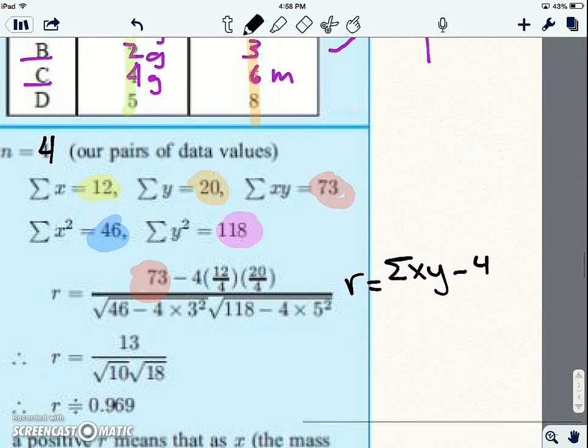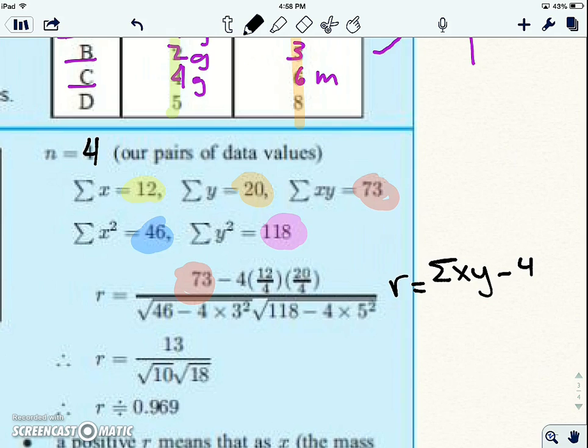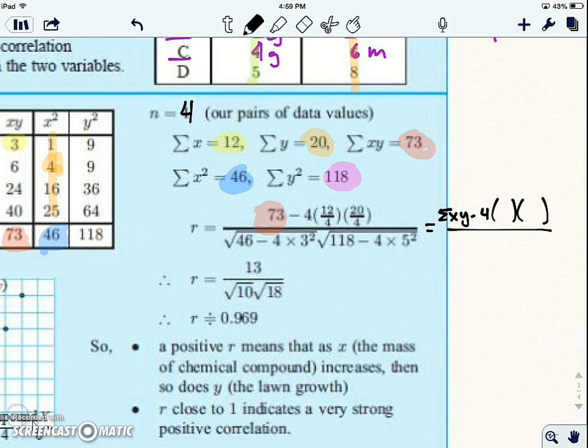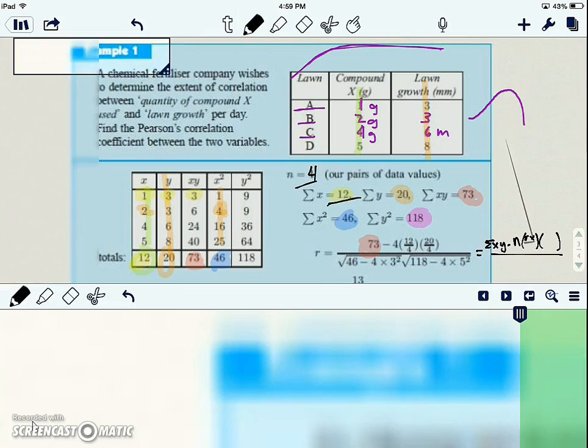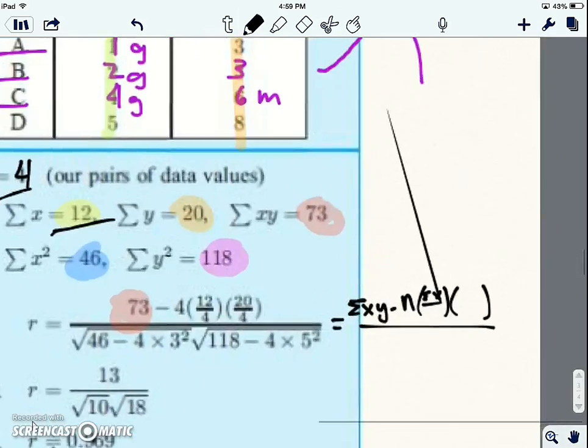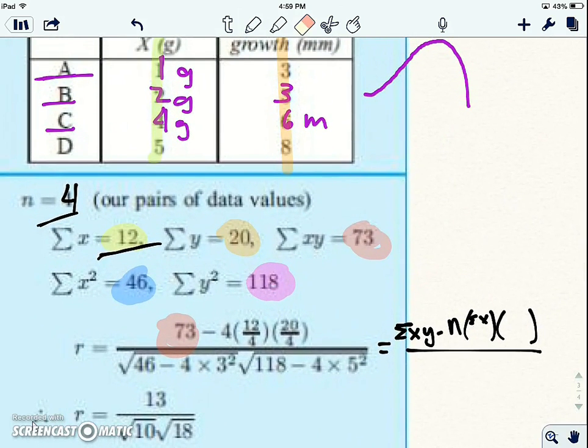So 4. So anyway, we had the sum of X and Y minus N. And then 12 over 4, that must be the sum of X all over N. And it looks like the sum of Y over N, maybe?